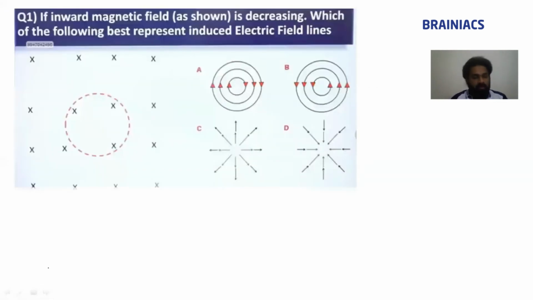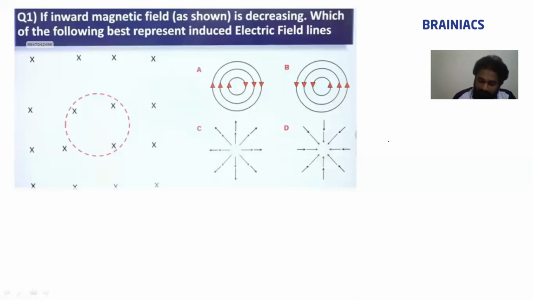This is the first question. If the inward magnetic field is decreasing, which of the following best represents the induced electric field lines? In electrostatics we studied that electric field lines are not closed lines.